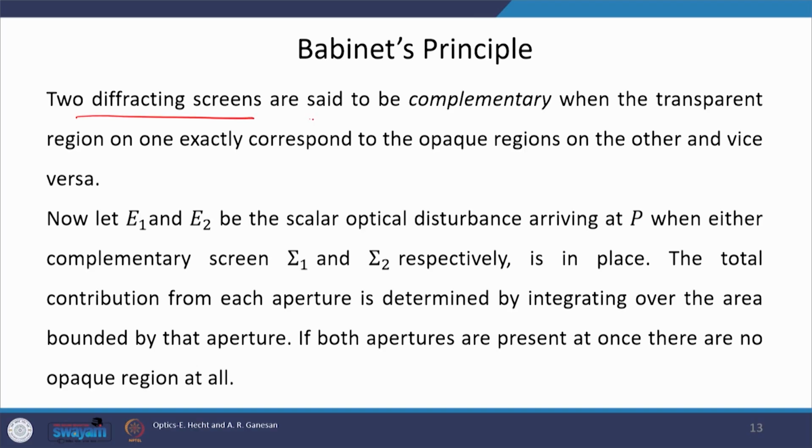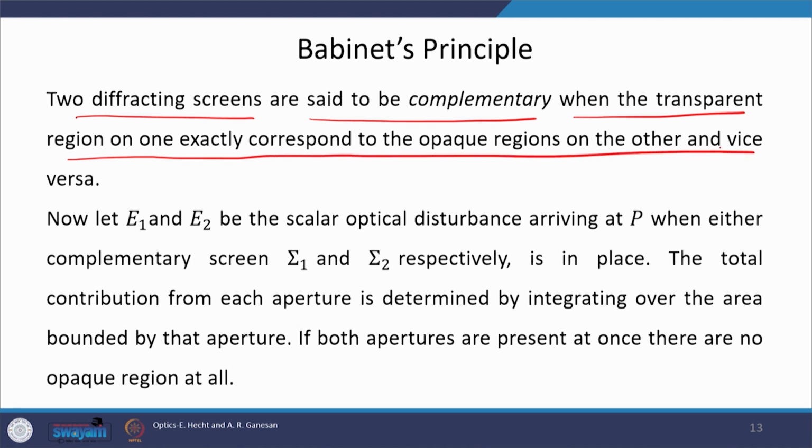Now, the Babinet principle says that two diffracting screens are said to be complementary when the transparent region on one exactly corresponds to the opaque region on the other and vice versa. And the best example would be the example of this thin slit and thin wire.